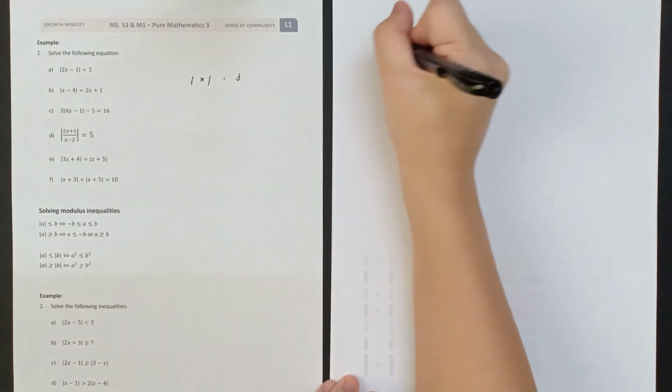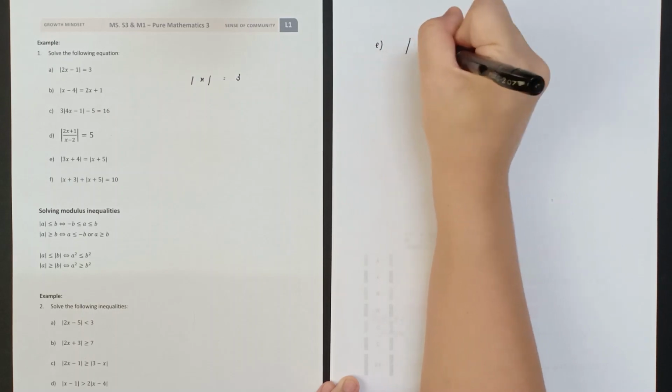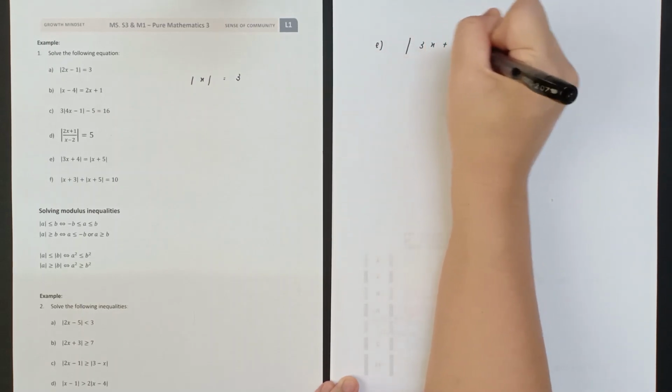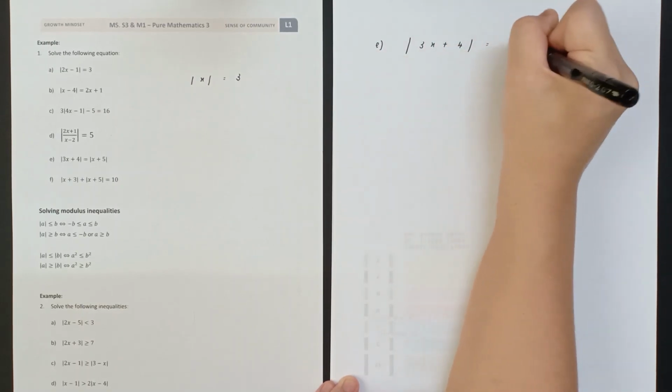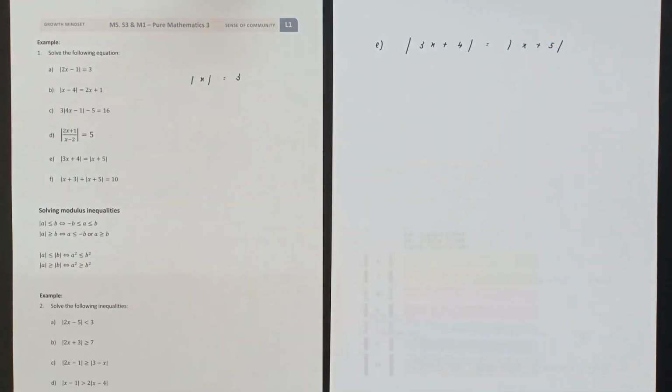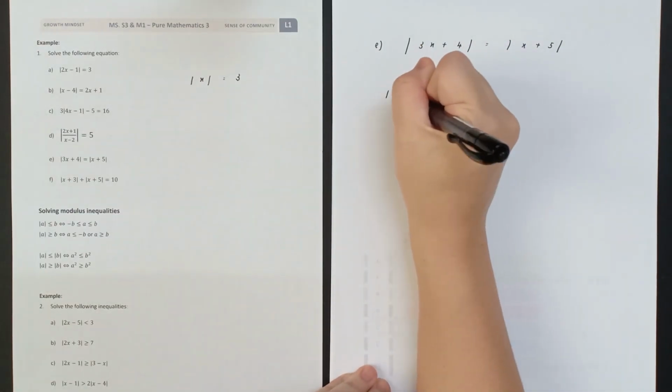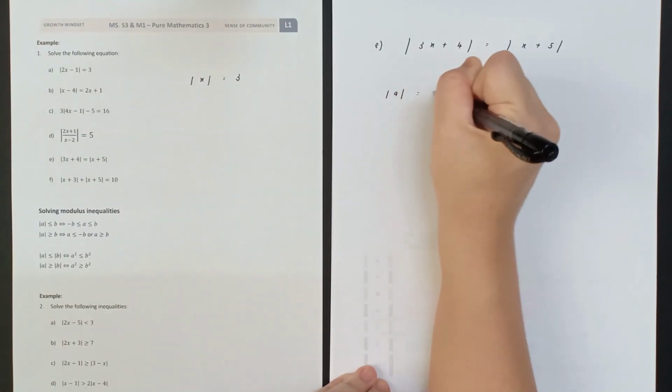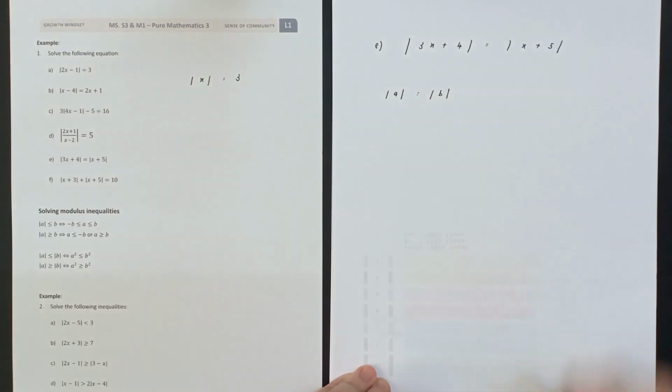So E, what can you do if you have modulus on both sides? Let's try the approach that we did all this while first. Let's say, for example, if I have modulus A equals modulus B, what does that mean?